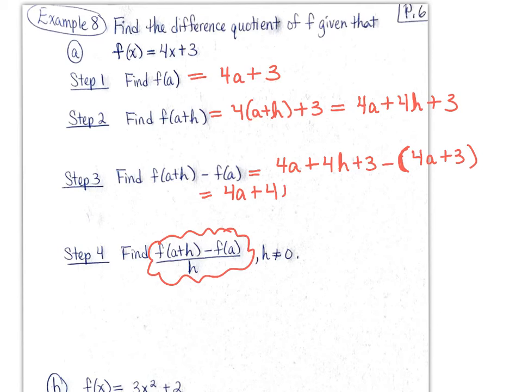Yeah, good. So you have 4a plus 4h plus 3 minus 4a minus 3. Simplify, what happens? What goes away? The 3's and the 4a's, they can't play anymore. And what are you left with? 4h. Good.